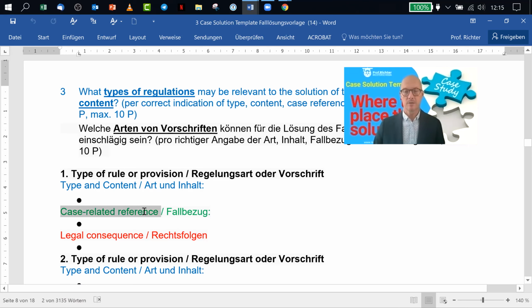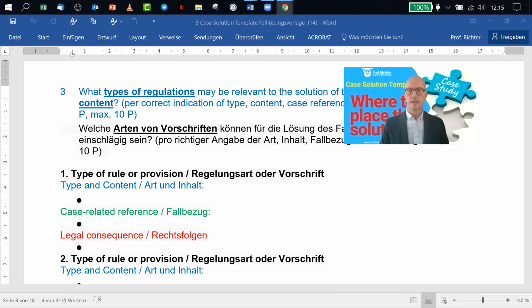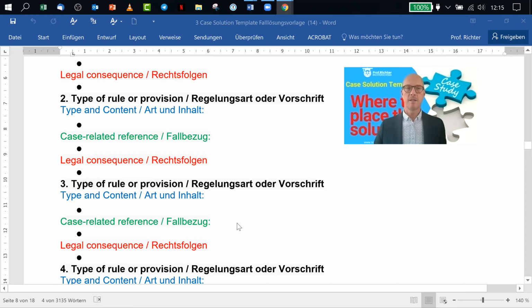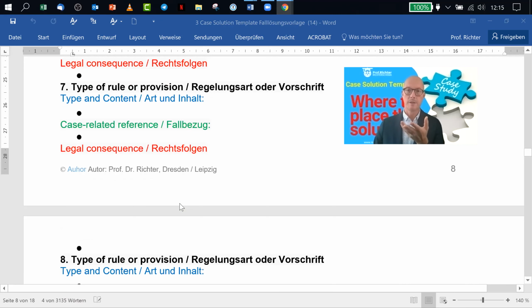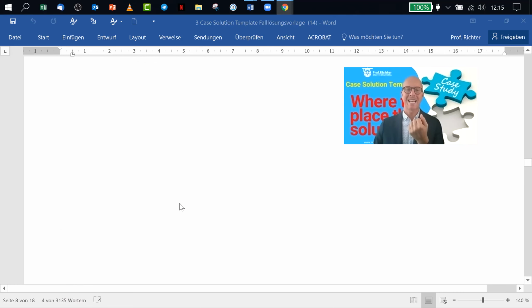And in this case, there is a contract, they bought a car, and the legal consequence is that the seller has to give him a car without any defects, right? Okay, so I want you to give me 10 regulations and tell me always which kind of regulation, which type they are. We have international contracts, we have national provisions, and so on. And sometimes we have some general rules or customs, right?